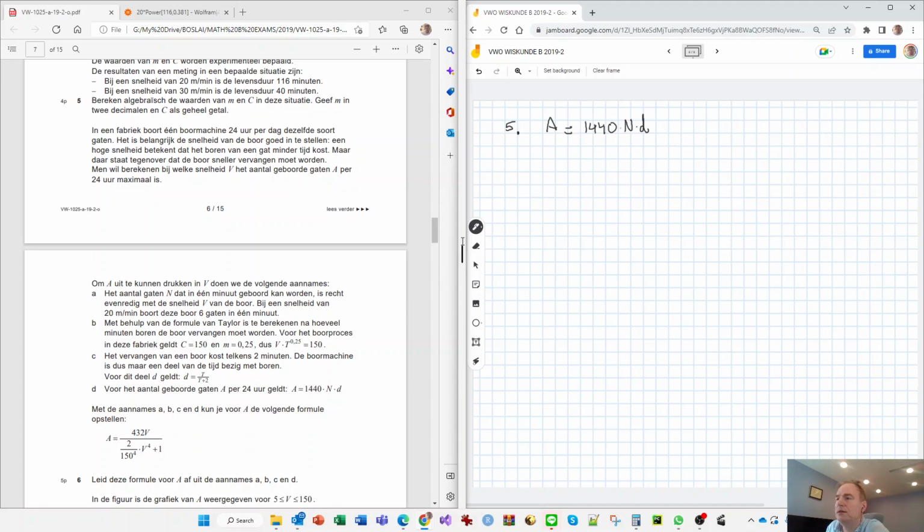A will tell you what N is in terms of the speed. That's good, it's a direct proportion. So let's first work out N. They're saying N is some K times V, and in particular for V is 20, you have 6.